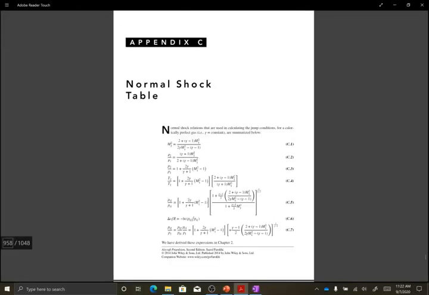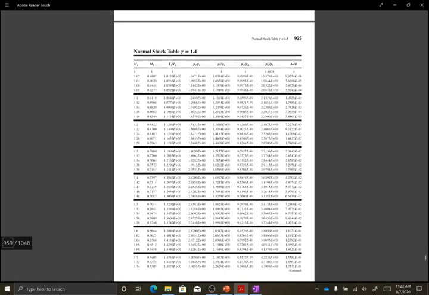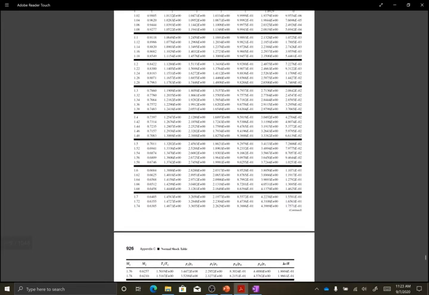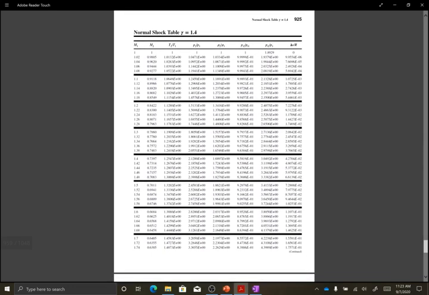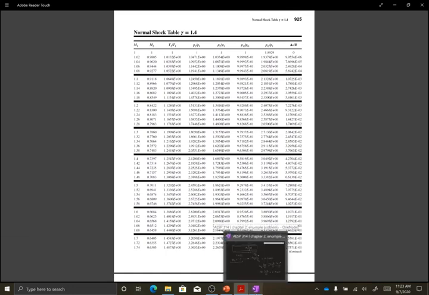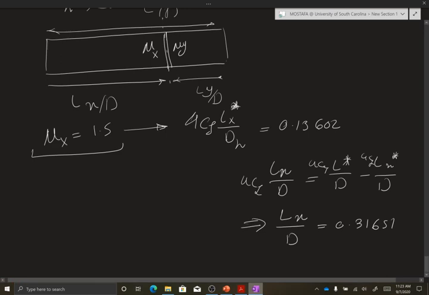So appendix C, normal shock tables. M1 coming in, which is Mx, assumed to be 1.5, right here. And the value of M2 is in the second column. So My is going to be 0.7001.